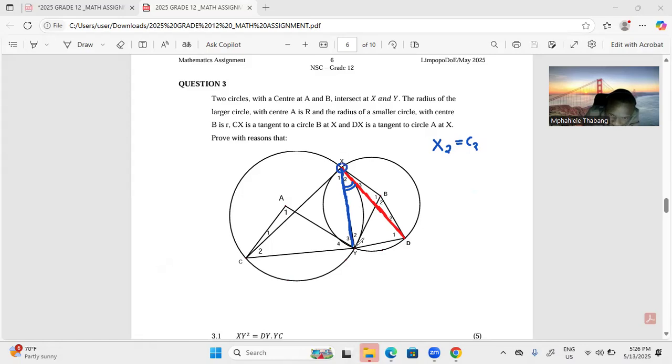Use the chord CY. Draw a line from C, draw a line from Y, go to the circumference. Don't stop anywhere, but only at the circumference. So you see that x2 equals c2 according to the tan-chord theorem.